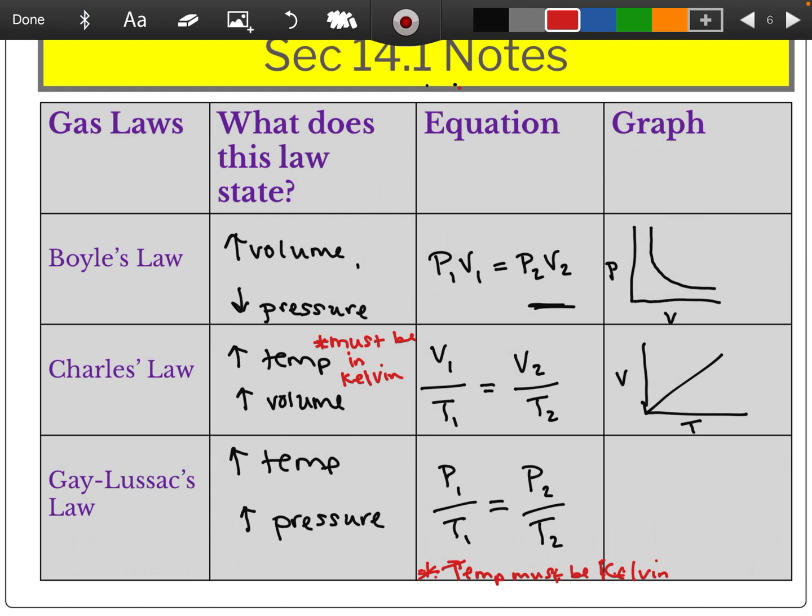And remember, to change Celsius to Kelvin, you add 273. And then since this is a direct relationship, the graph will look similar to Charles' law. So these are the three equations that we'll use to start off. We'll add two other equations to the mix as the week progresses, but these are the three that we'll start with.